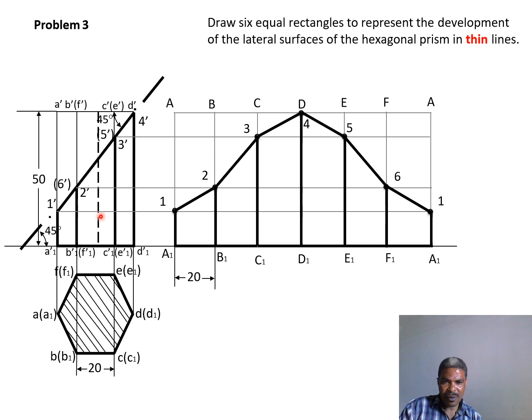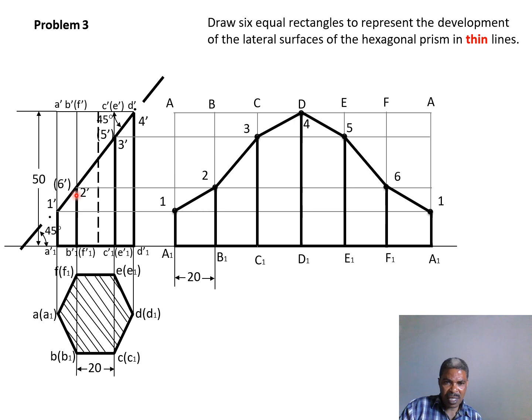So the case is for the height. The lowest point is 1 dash here. So the unfolding of this is at this point, which is 1 dash. When it is unfolded, because it will be rotated, it becomes again 1.